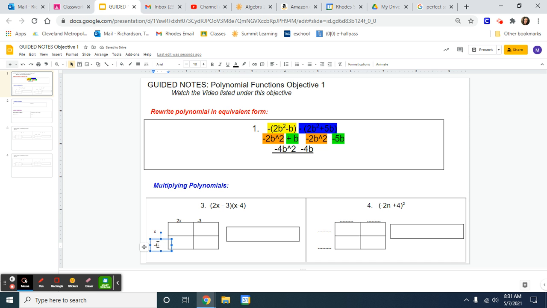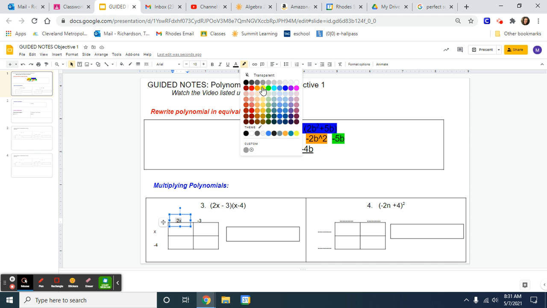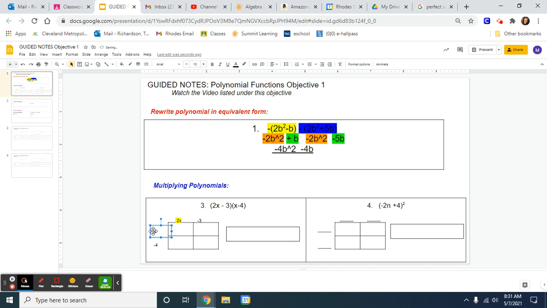Okay, so why am I doing this? Well, we're going to use this box to help us multiply. So in this first box, I'm going to look at 2x and x. If I would multiply just those two together, what would I get? 2x times x is going to be 2x squared, right?